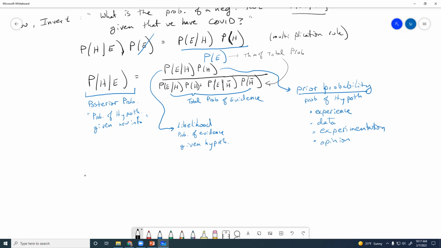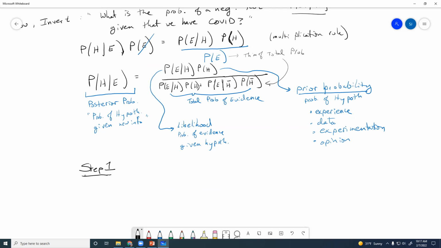All right, now I'm going to give you just a short algorithm for how we can use Bayes' theorem to update and improve our estimates or our calculations of probability of a hypothesis. So step 1, we just do this equation up here, right?